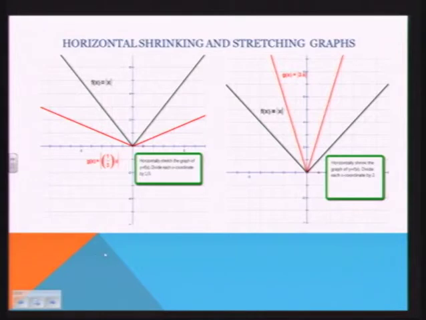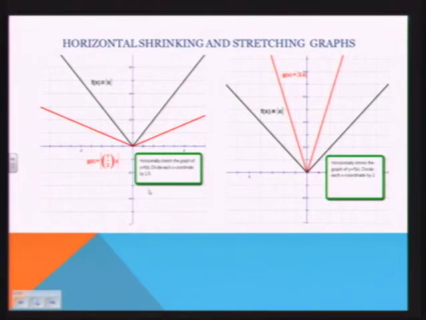Now we're going to take a look at the last transformation, which is horizontal shrinking and stretching of a graph. We'll take a look at f of x equals the absolute value of x, which will be our parent graph in this case. Noting that for a horizontal stretch of the graph of y equals f of x, we will divide each x coordinate by 1/3.